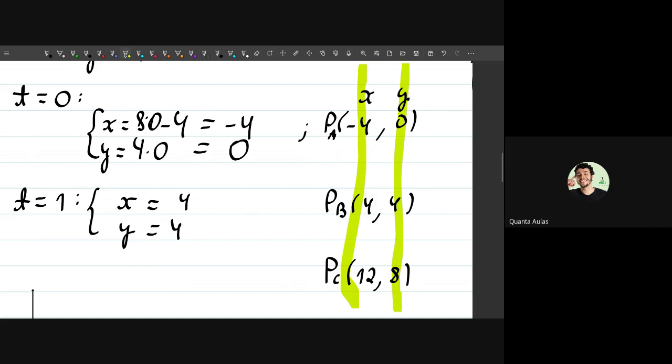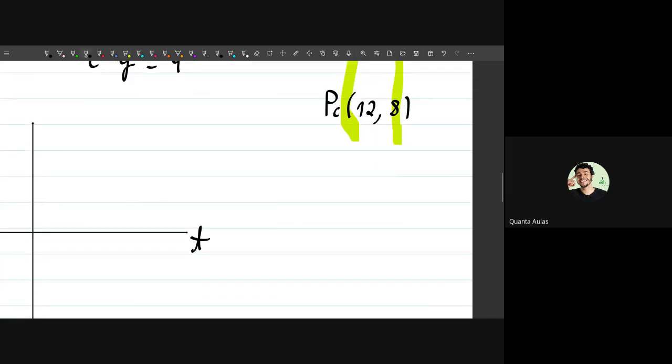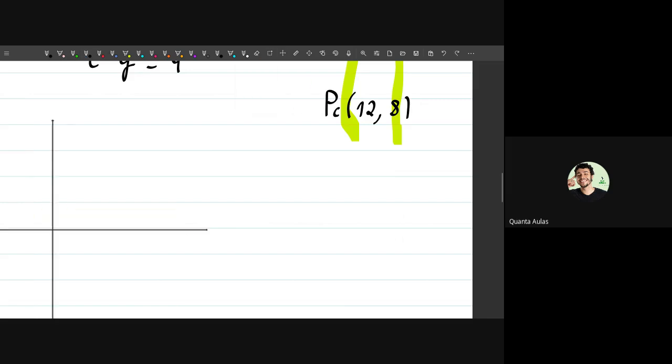We have an X versus Y graph. Okay, so you need to be careful about what you will put in the graph. Here we will put the xy.